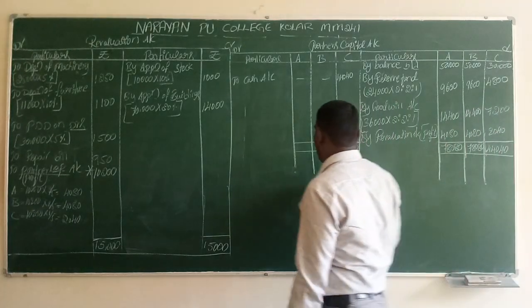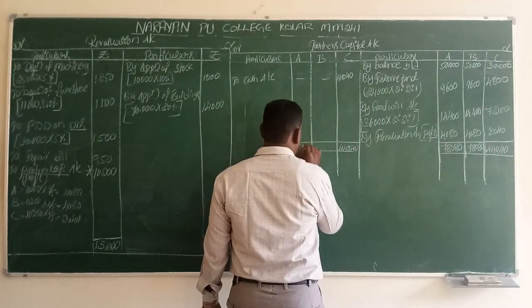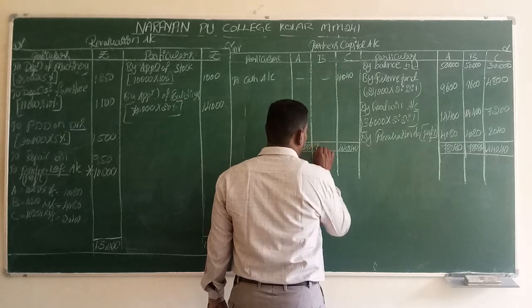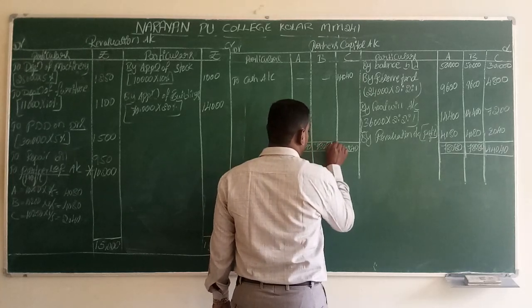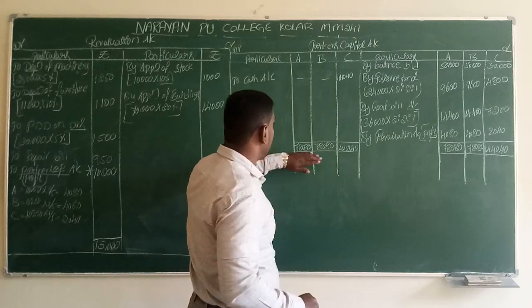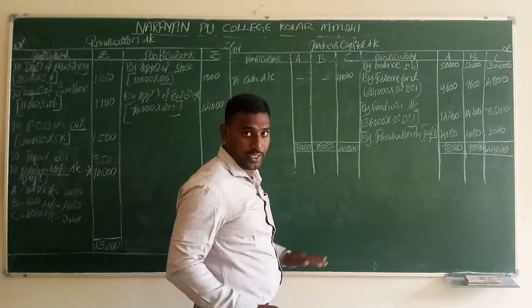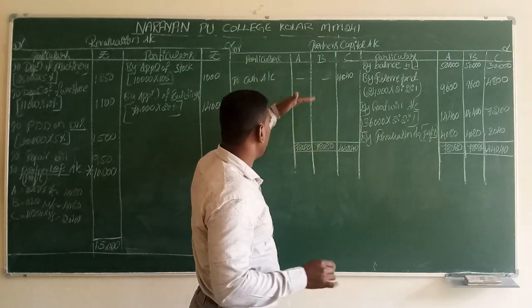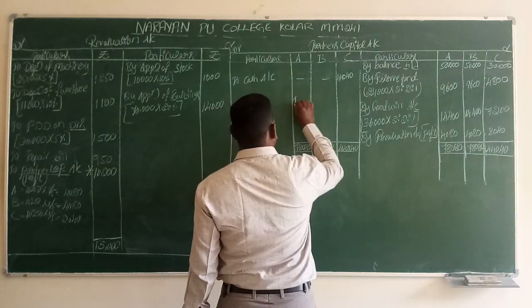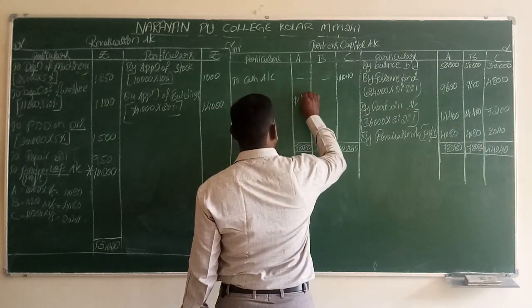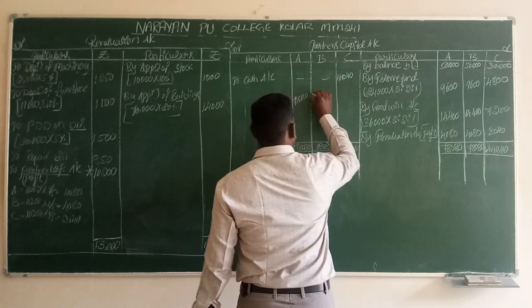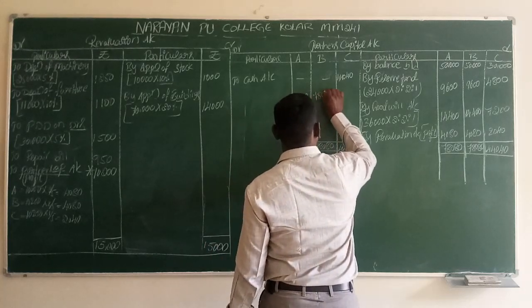The same value we should transfer here, 78,080. If anything is to be deducted we should deduct; if nothing, we keep the same value here. 78,080 for the first partner, and for the second partner also 78,080.